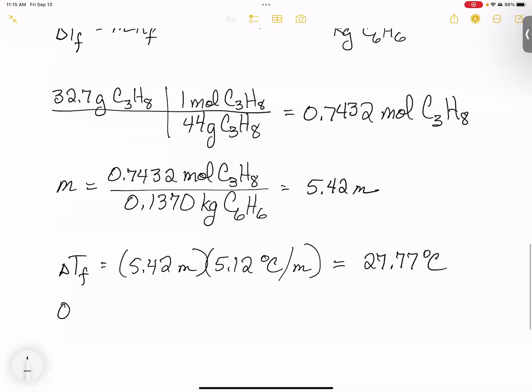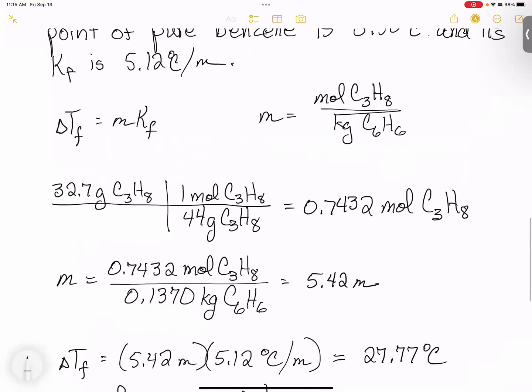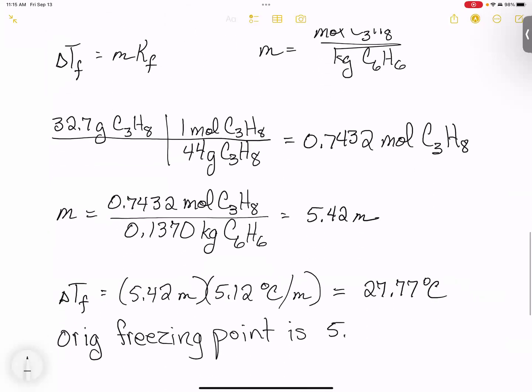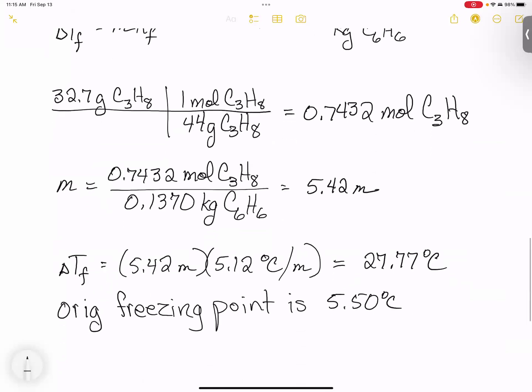Now, the original freezing point is 5.50 degrees Celsius.